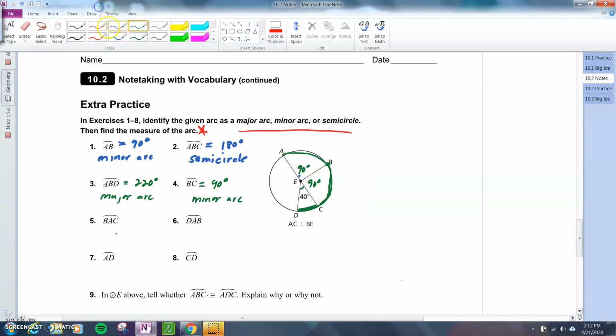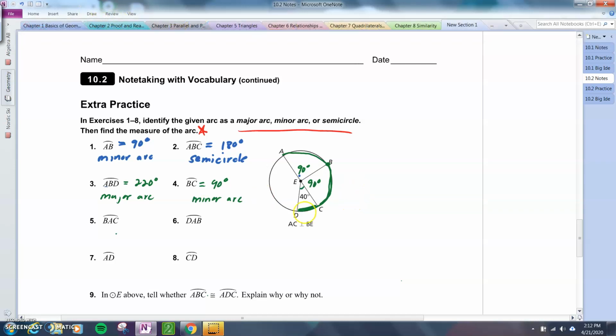Now BAC. So now this one, I'm going to switch colors. I'm going to erase my markings on the circle here. So I'm going to start at B. I need to go to A. And then I'm going to go to C. Alright, so it looks like this arc's created from this central angle here, this whole thing.